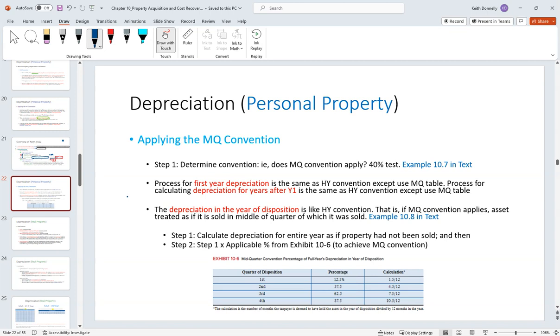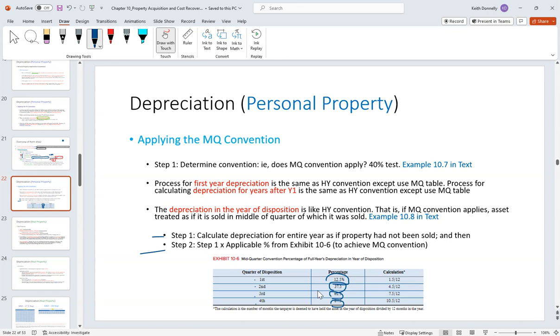Well, hey, you figure out the full year, right here, and then multiply it times the percentage from the table. Essentially, you look at, hey, in the year of sale, did I sell it in the first, second, third, or fourth quarter? That gives me the percentage that I multiply it by. Okay, so you can look at 10.7, 10.8 there for more specifics.